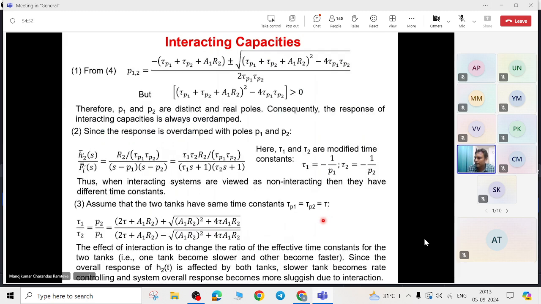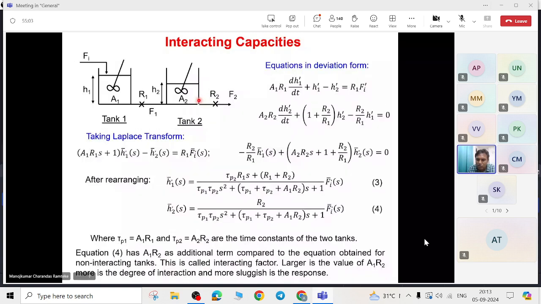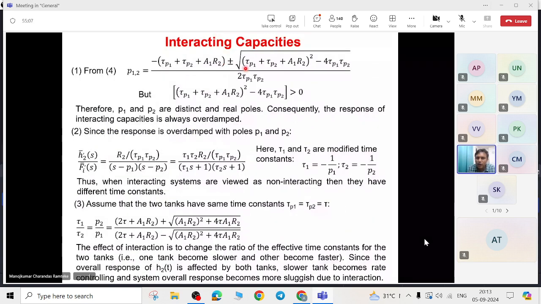That is what we have written. Let's say if you find two roots here, let's say these two roots are P1 and P2, that will be given by minus of tau P1 plus tau P2 plus A1 R2, plus or minus the square root of this term squared minus 4 tau P1 tau P2, divided by 2 tau P1 tau P2.